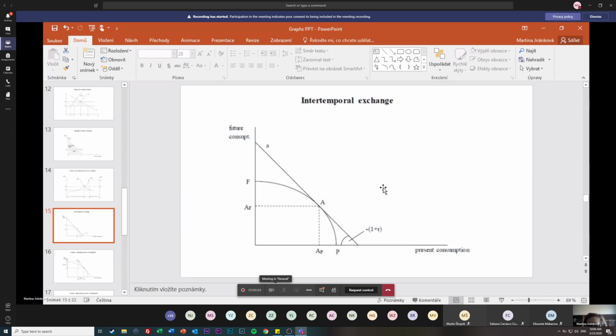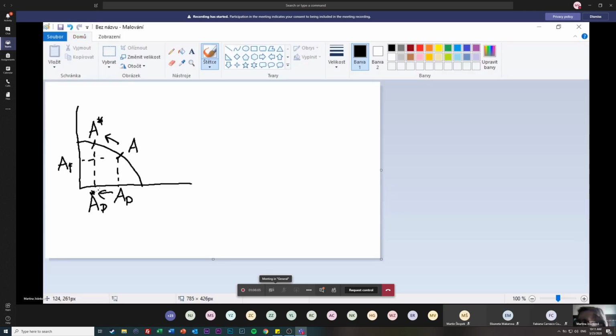So I will decide to move to the point, for example, A asterisk, and I will decrease my present consumption because I will save some money for my retirement into the pension fund, but I can increase my future consumption, you know, because I will get money from the pension fund.